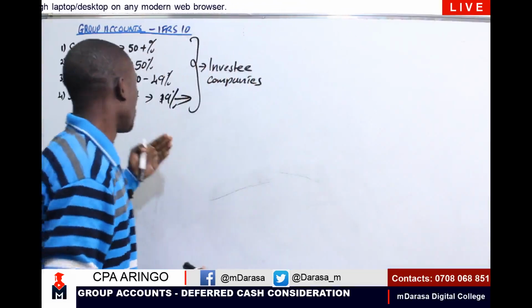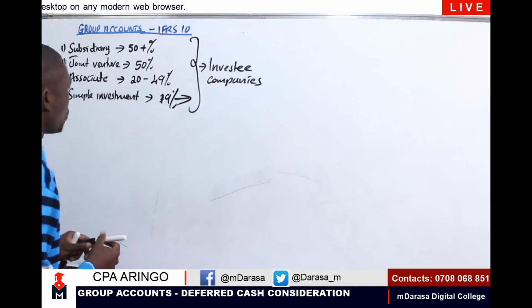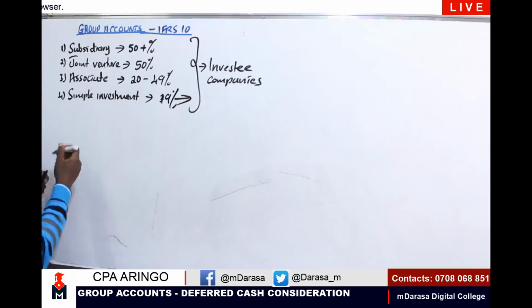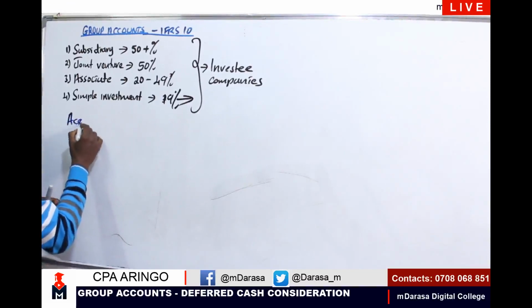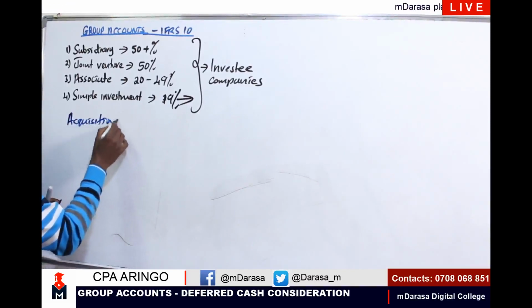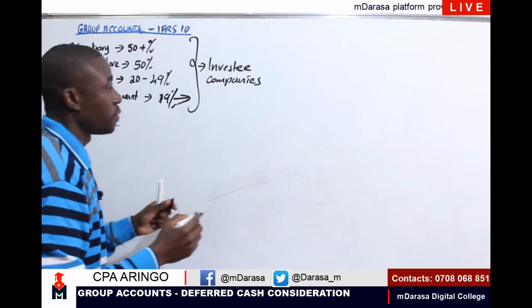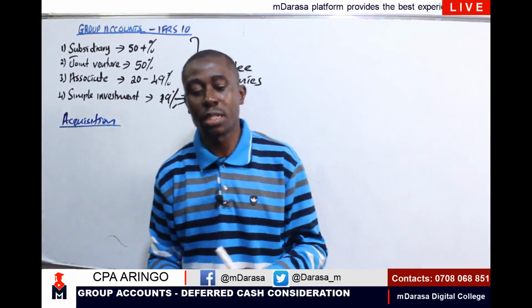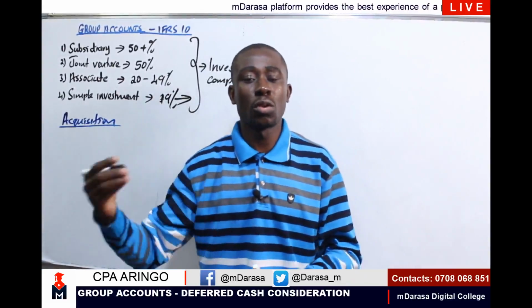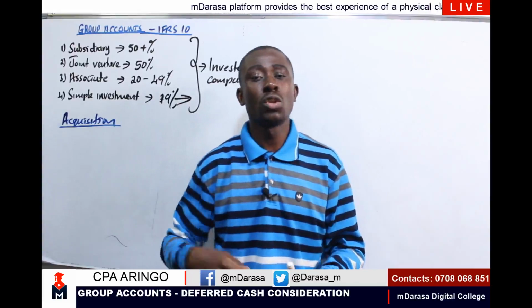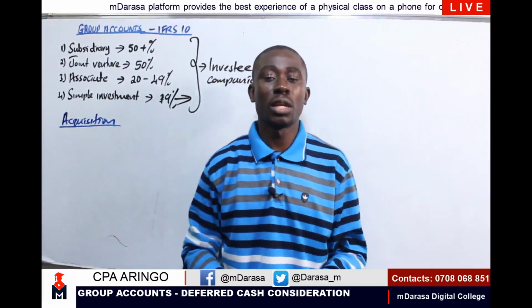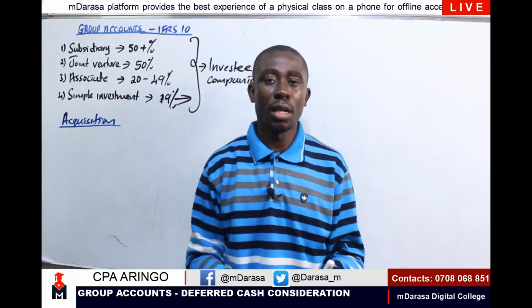When talking of method of acquisition, I can pay the consideration in various manners. As much as you are acquiring a company, I might not pay only in cash. There are other avenues you can consider in acquiring a company.